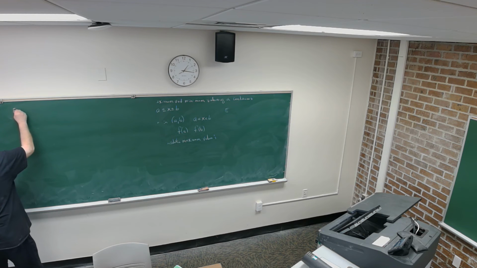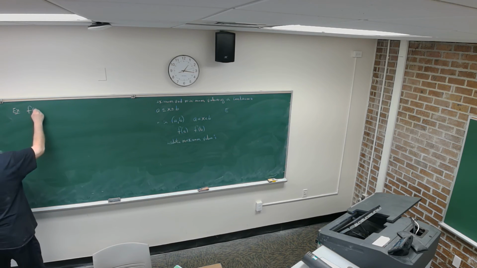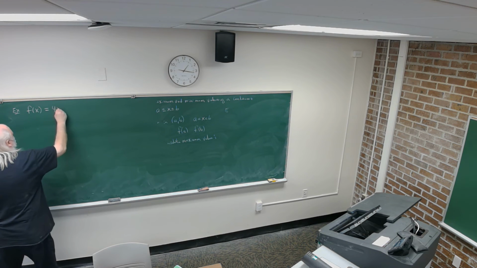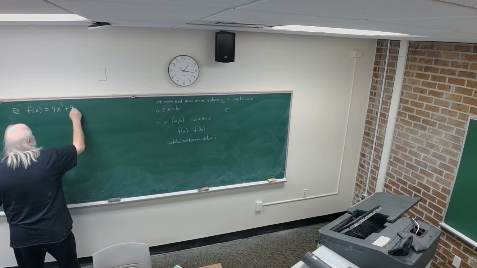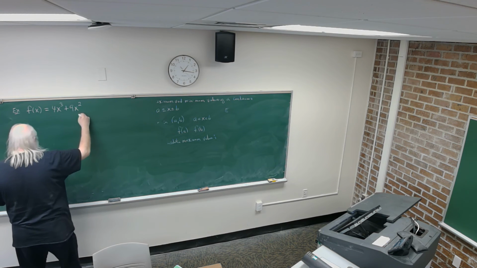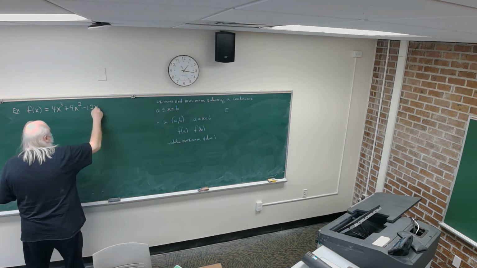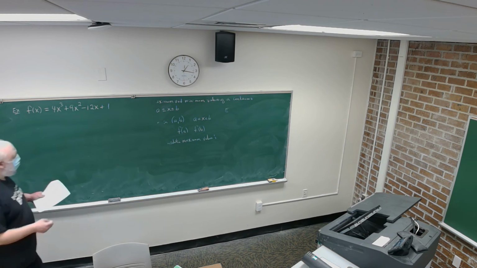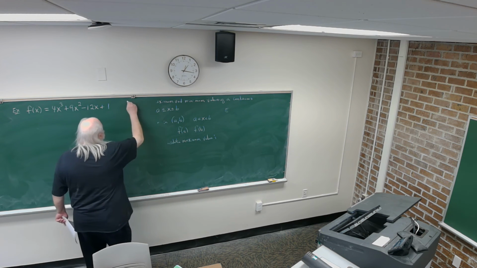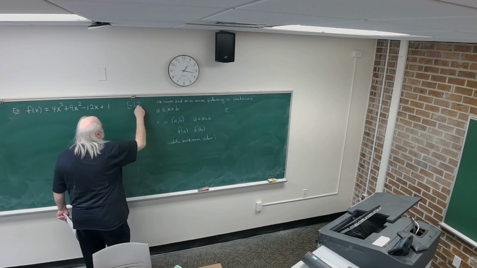So the first example, f of x is equal to the polynomial 4x cubed plus 9x squared minus 12x plus 1, in the closed interval from -1 to 2.